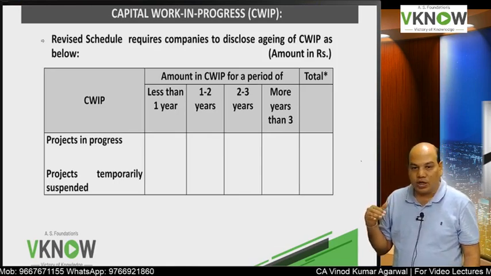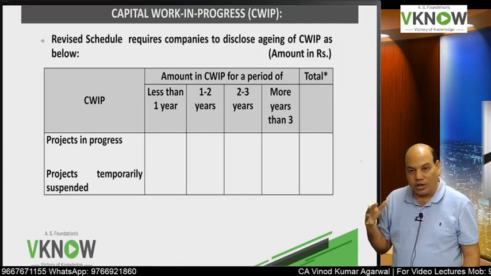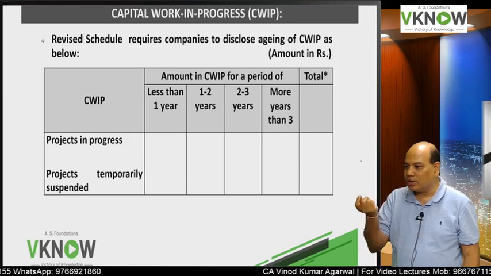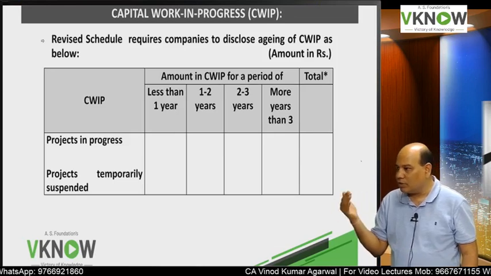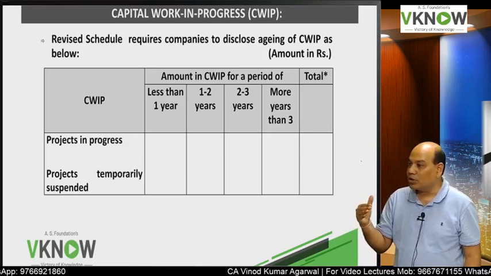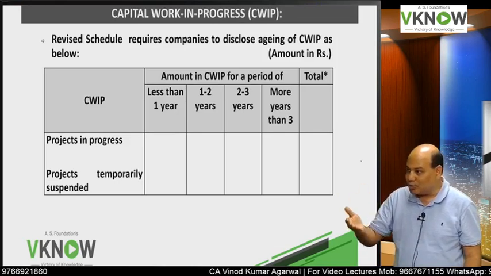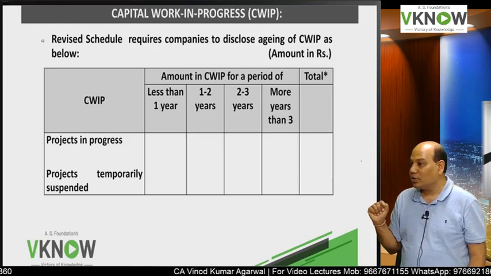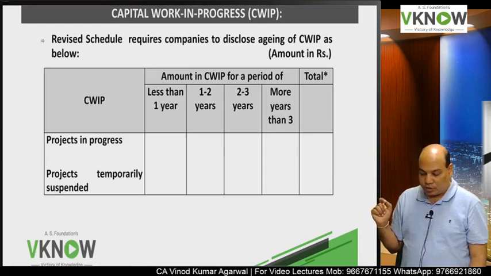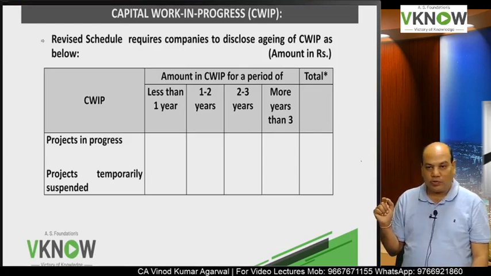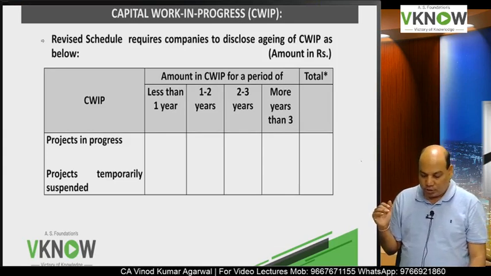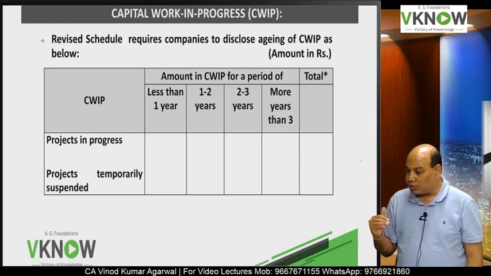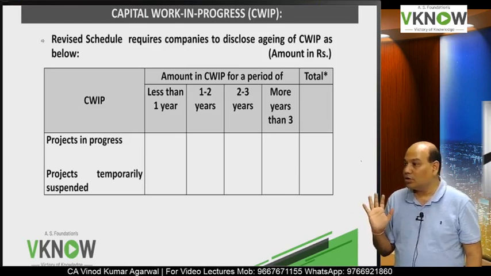Companies start the project and there is delay. And what do you see in the balance sheet? One line item, capital WIP 5 crore. But whether that 5 crore is blocked since the last 1 year, 2 years, 3 years, more than 3 years, you never knew that. So now the company will have to give an aging analysis of capital WIP, and you have to give projects which are in progress and projects which have temporarily got suspended.